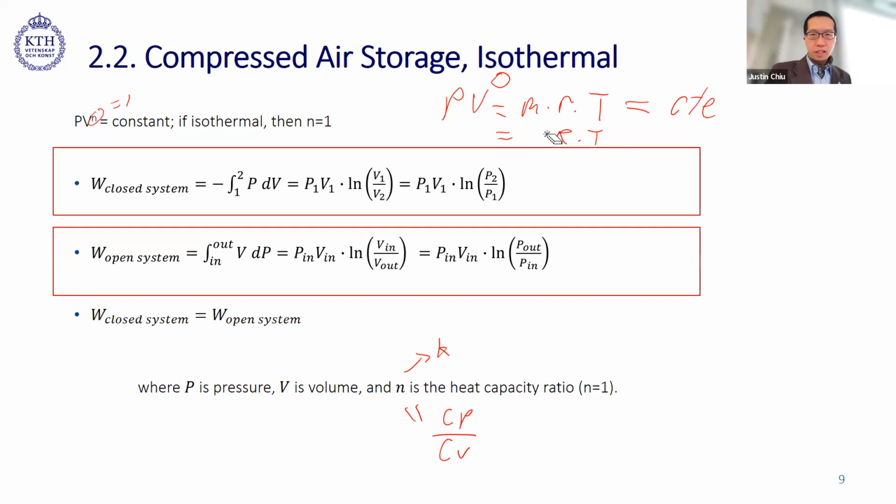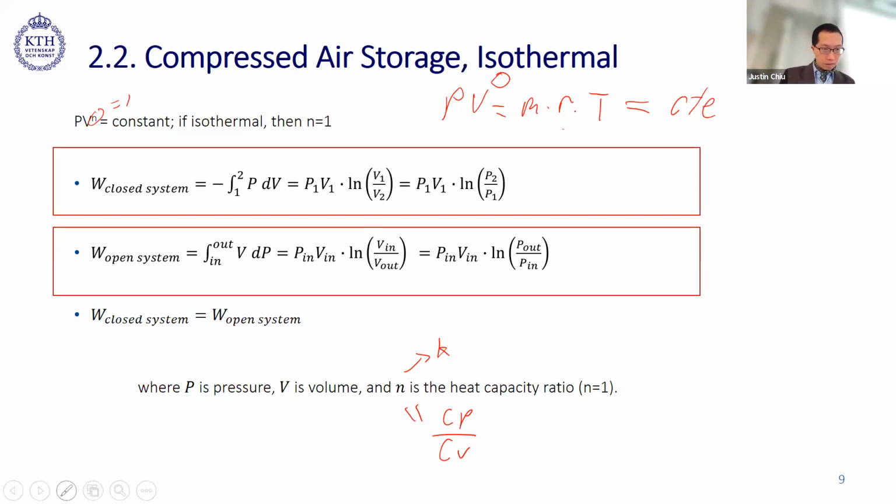So I will just erase this equation so we don't get confused. I prefer to work with mass when we're in engineering. So mass times R, and this R, what is this small r? R is the big R, 8.314 divided by the molecular weight of air, right? If we're compressing air.